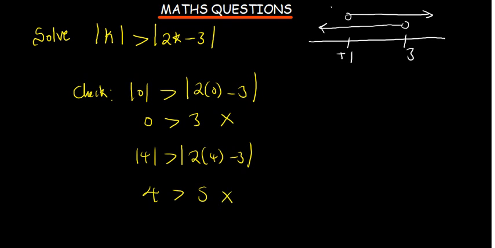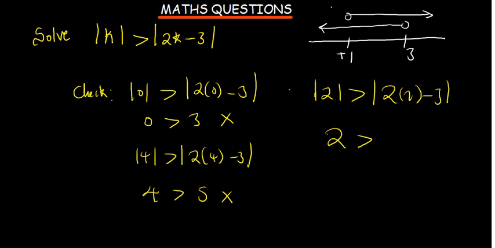We can think of a 2. We put here absolute value of 2 is greater than absolute value of 2 multiplied by 2 minus 3. So it will be 2 is greater than 2 times 2, that is a 4 minus 3, that is a 1. Is this true? Yep, it's true.